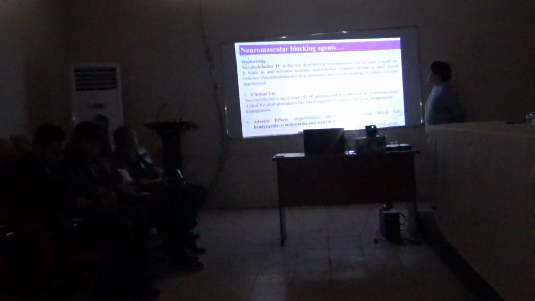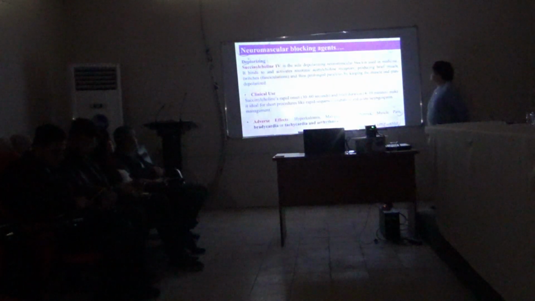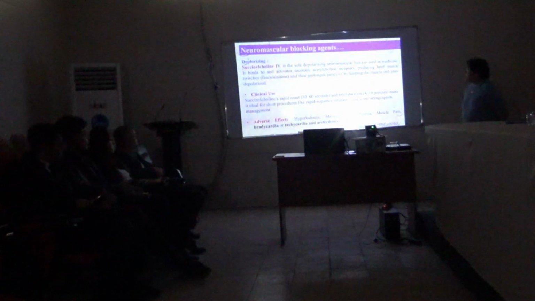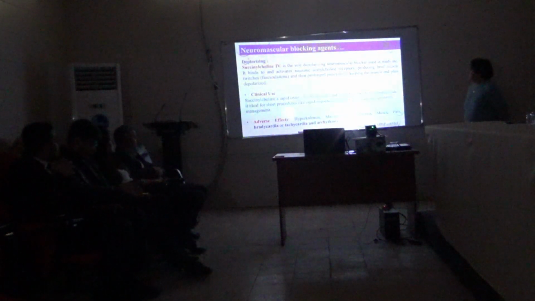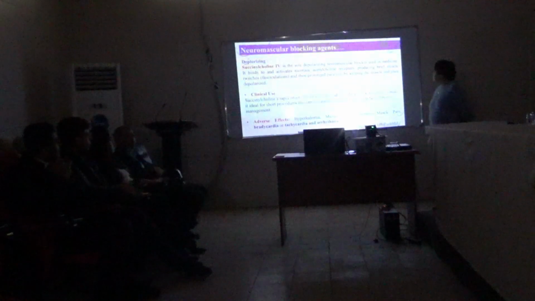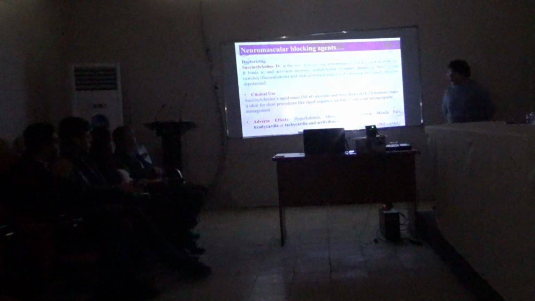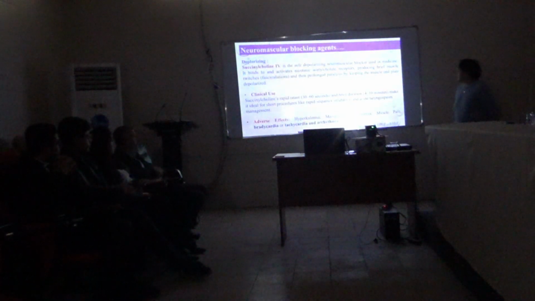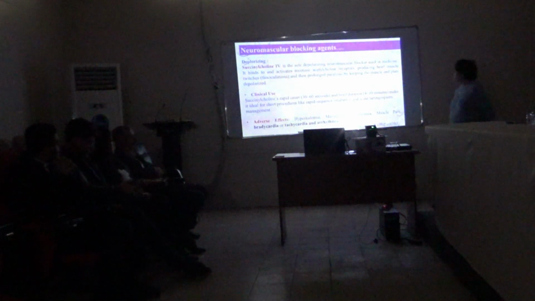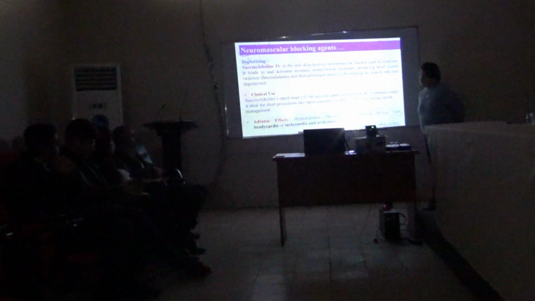The depolarizing neuromuscular blocker binds and activates the nicotinic acetylcholine receptor, producing brief muscle twitches first, fasciculation, and then prolonged paralysis by keeping the muscle end plate depolarized.